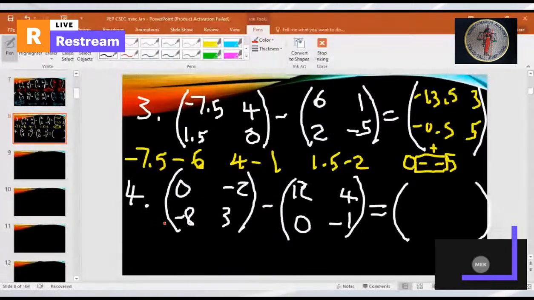Looking at the corresponding values here, we have 0 minus 12, which is negative 12. We have a negative 2.